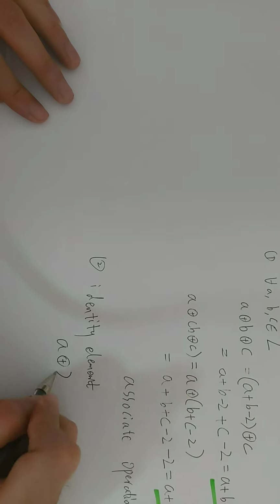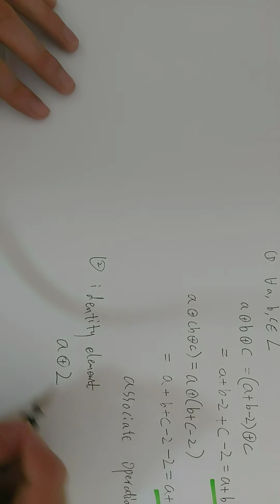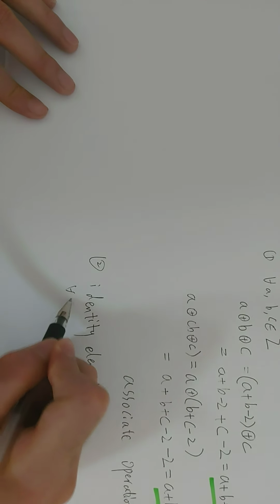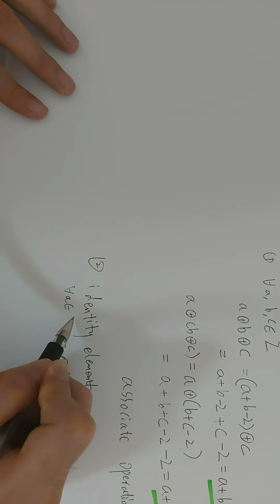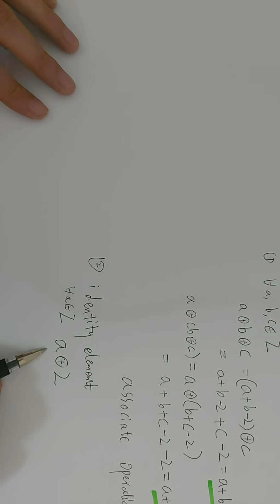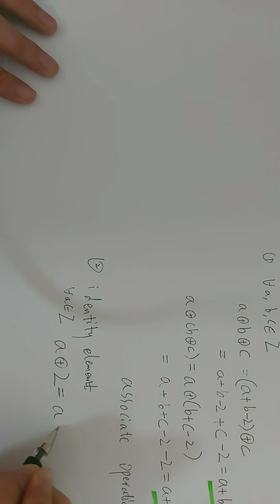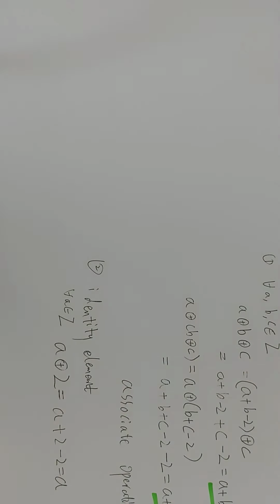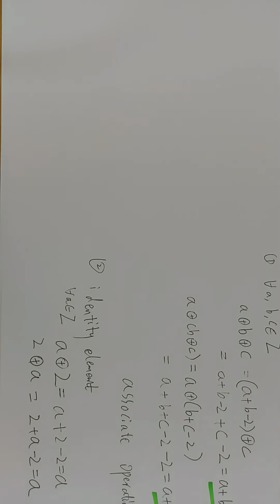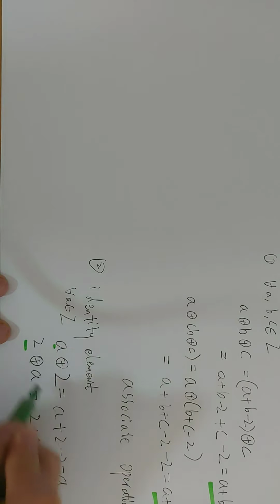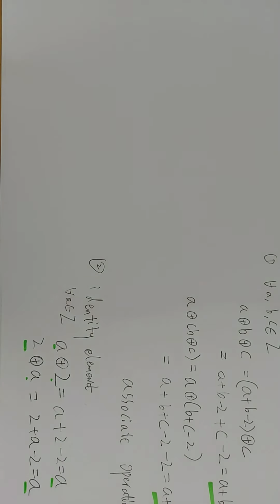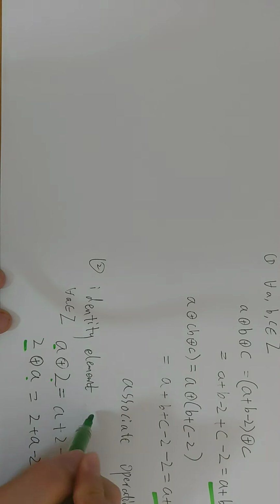For an arbitrary A in the set, A special plus 2 is A plus 2 minus 2, so the answer is A. Also, 2 special plus A is 2 plus A minus 2, and the result is A. So 2 operated with A gives A itself, and the identity element is 2.